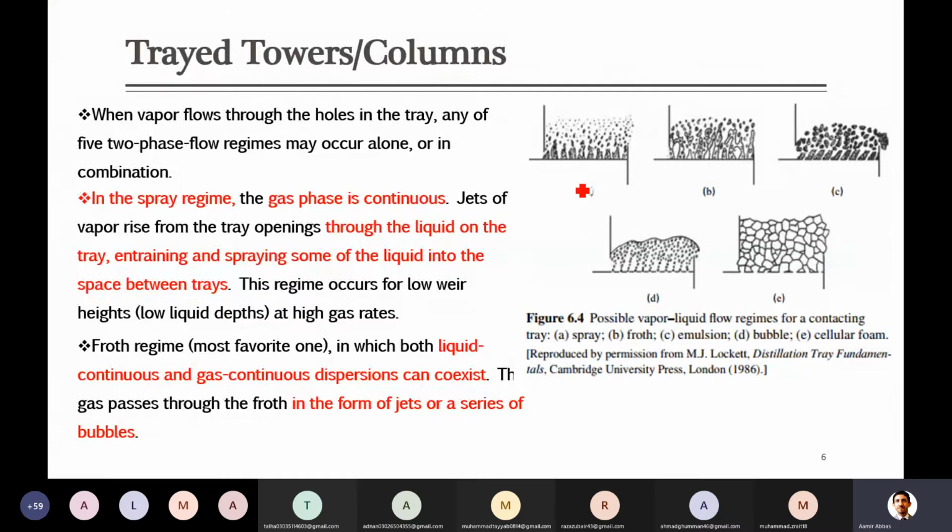Continuous means there is a good flow of both liquid and vapor, and good liquid hold up on the surface. So the contact between the liquid and vapor is better, and overall distribution as well as mass transfer is better in this kind of system, which is called the froth regime.